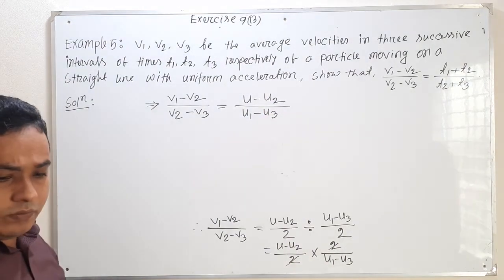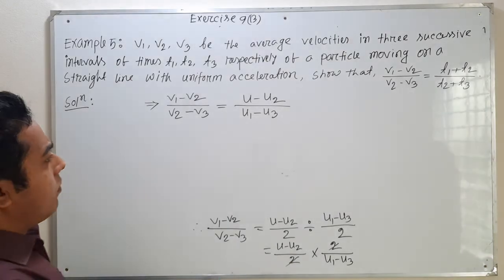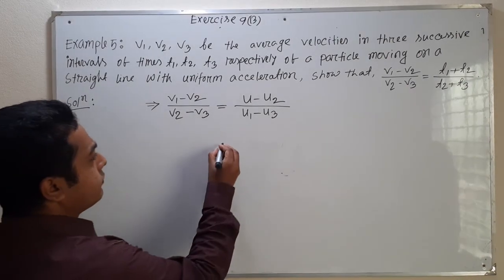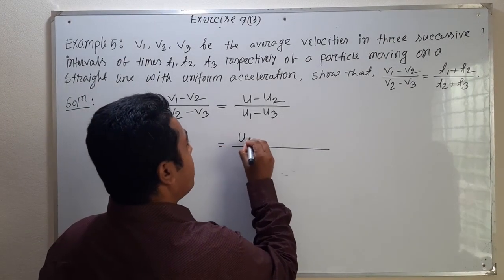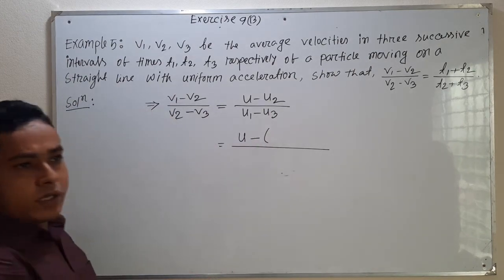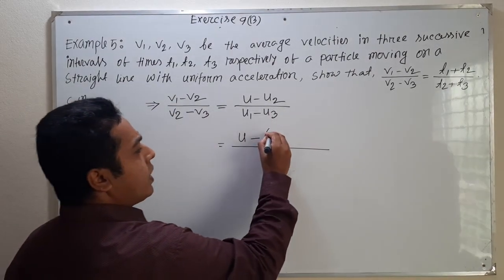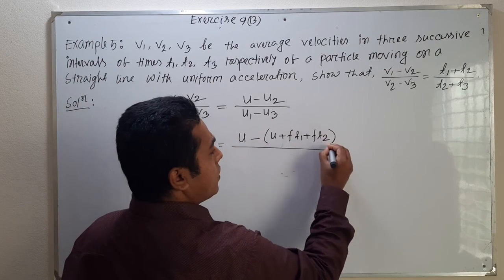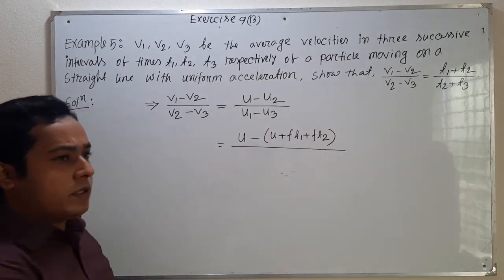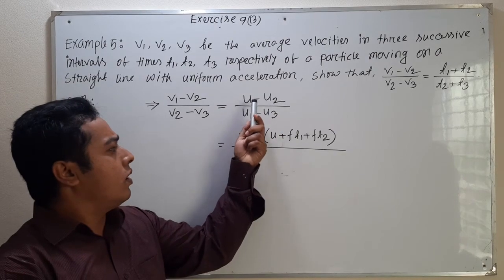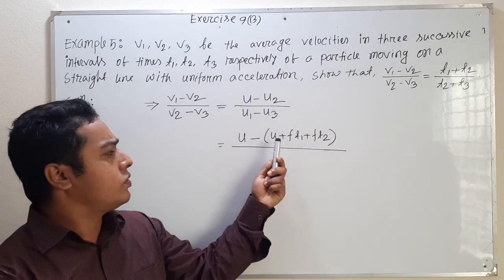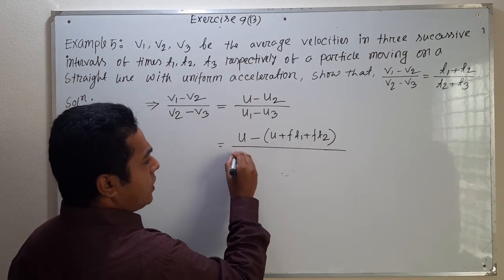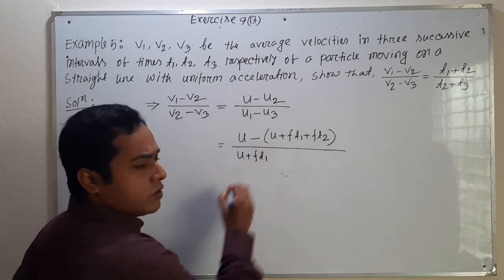Okay, now from equations 1, 2 and 3, u minus u2 is equal to u minus (u plus ft1 plus ft2), where u2 is from equation 2, u plus ft1 plus ft2, and u1 is equal to u plus ft1 from equation 1.